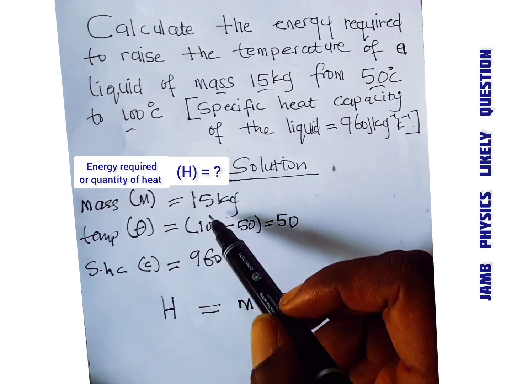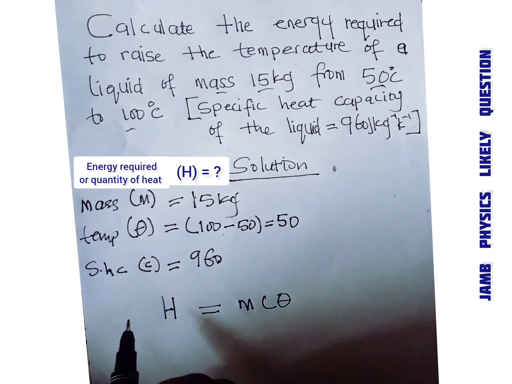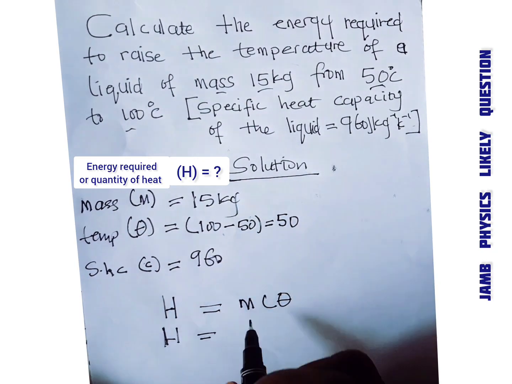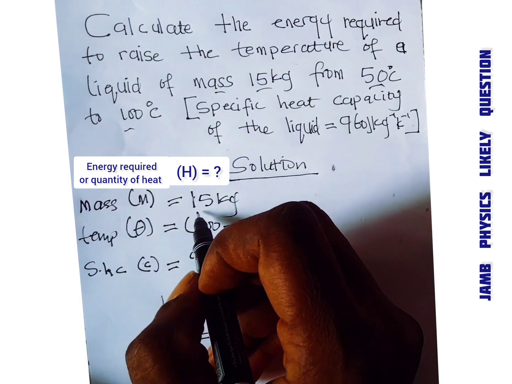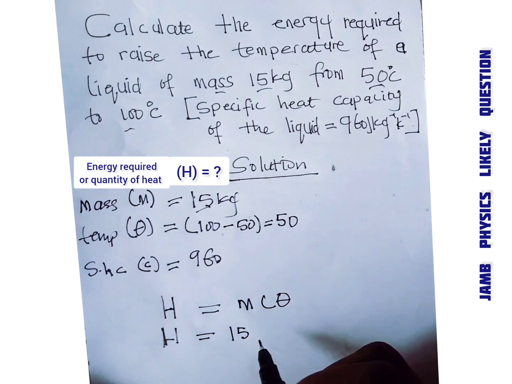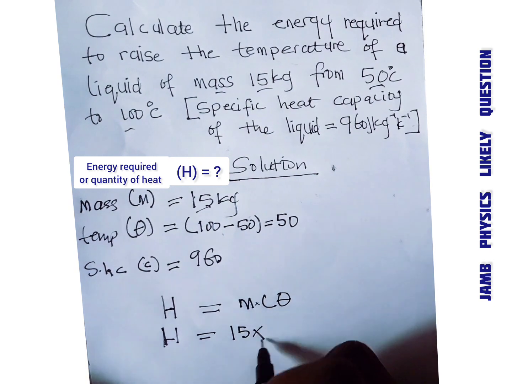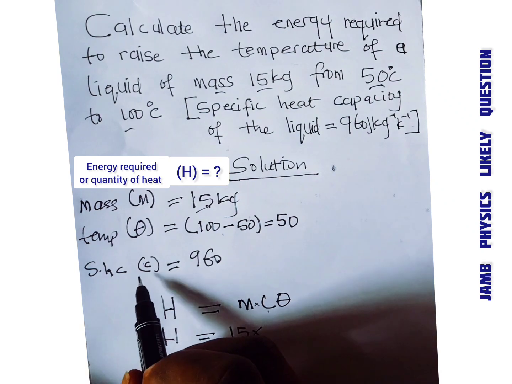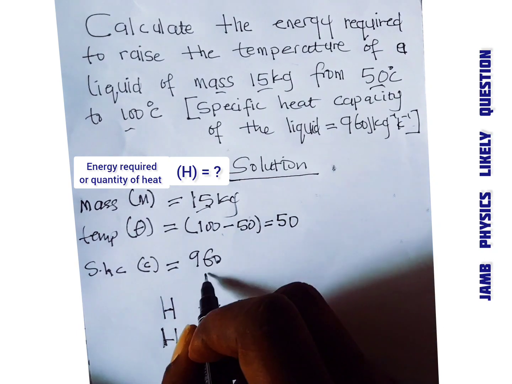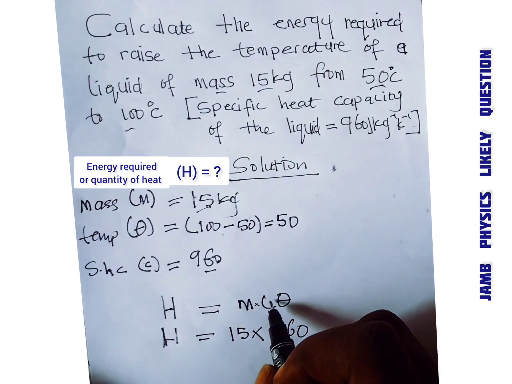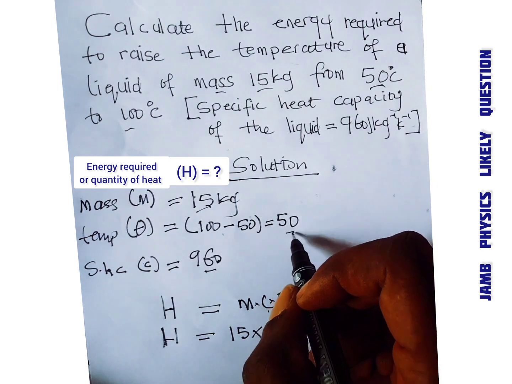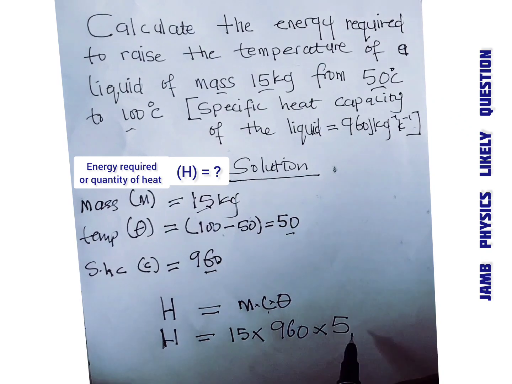Now what next? I will substitute this data into this formula. So I say H is equal to, our M is what? Our M is 15 kilograms. So you say 15 times specific heat capacity, which is small c, 960, times our theta, which is temperature, 50.